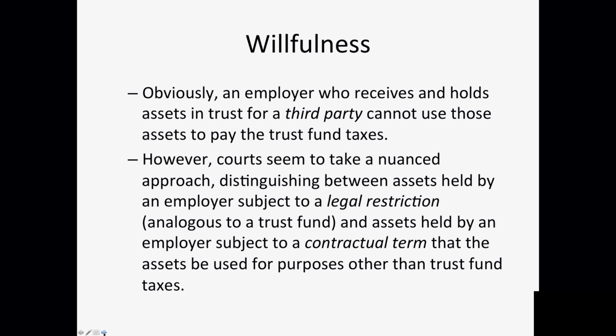And again, it might seem a little counterintuitive to some, but to others it may seem very basic and elementary. What we're talking about here is the assets that are in trust for a third party. And that's the key distinction here.